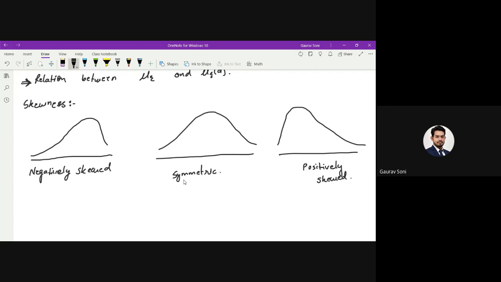So what the skewness actually studies is the stretch of the curve in any direction. The coefficient of skewness is actually Pearson's coefficient of skewness, beta 1, equal to mu 3 square upon mu 2 cube.